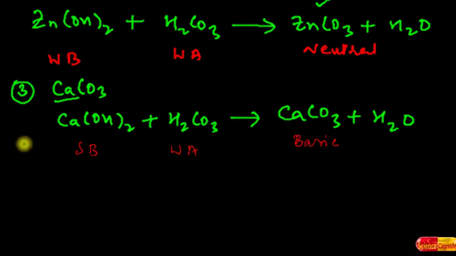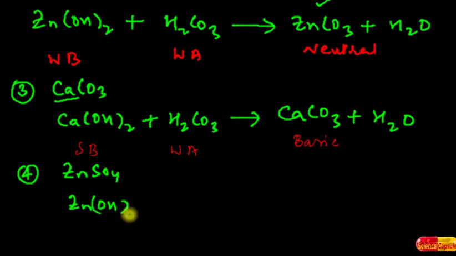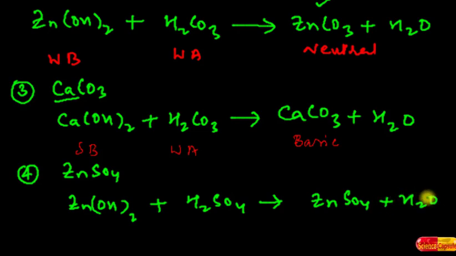Now take another example. Fourth example, we are going to take zinc sulfate. Here in zinc sulfate, we know that zinc is obtained from zinc hydroxide, so Zn(OH)2 plus sulfuric acid. Then we are going to get zinc sulfate plus water.